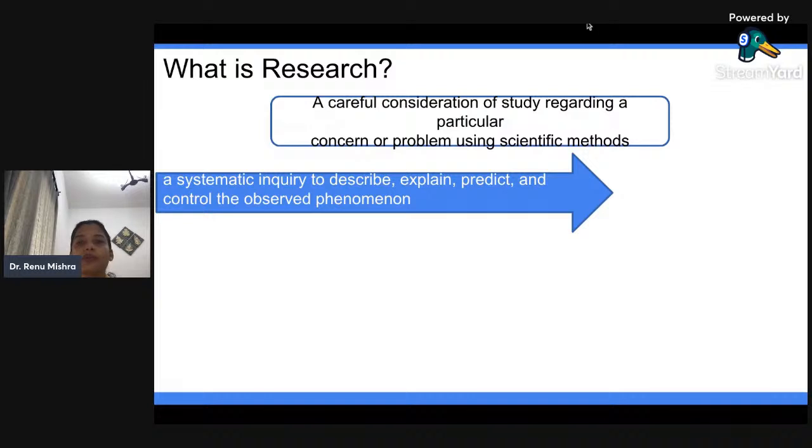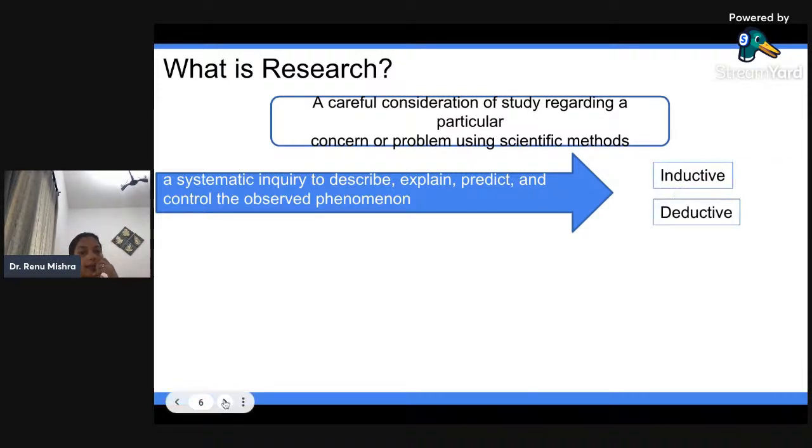So that step has a fixed position in the process of cooking. Similarly, research is a process wherein each step has its own place, its own explanation, and each step predicts something unique for your research. All right? Now, talking about types of research, there are two types: inductive and deductive.